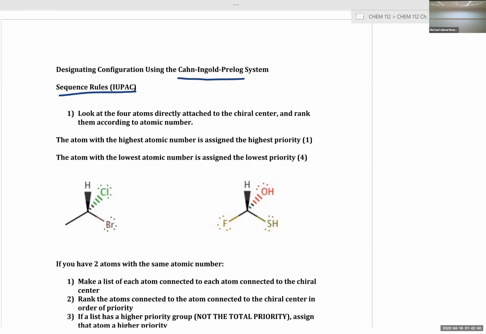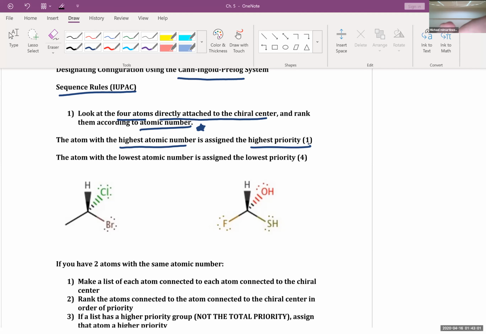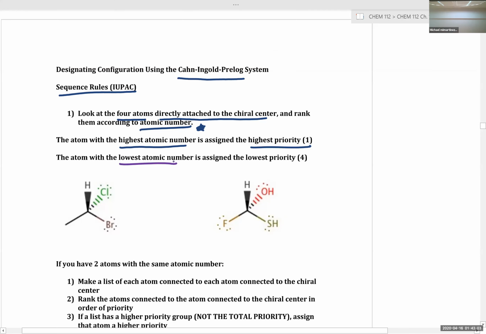First and foremost, we're going to look at the 4 atoms directly attached to the chiral center and rank them according to atomic number. Atomic number is the key in this case. That's what we care about. The atom with the highest atomic number is assigned a 1, the highest priority. The atom with the lowest atomic number is assigned the lowest priority of 4.